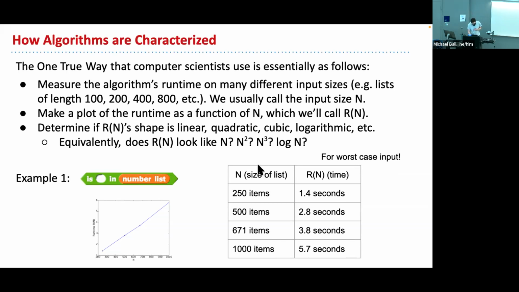So what we're going to do is make a plot of our functions, and we've picked plots in lab when we ask a question about this on the quest. On the midterm, we're not going to actually have you draw the plot, but we want to think about this in the sense of a plot. So given some input, in this case, we're specifically considering the input, the number list, n is the size of our list.